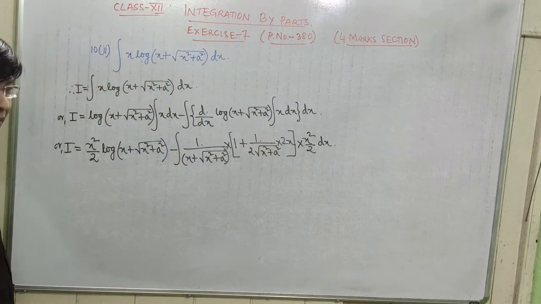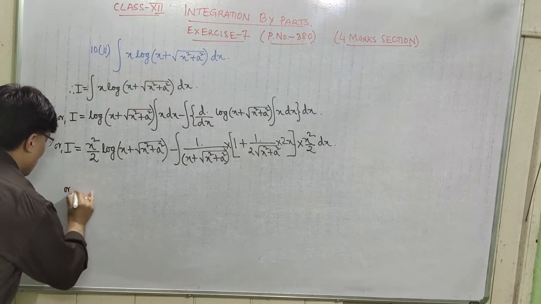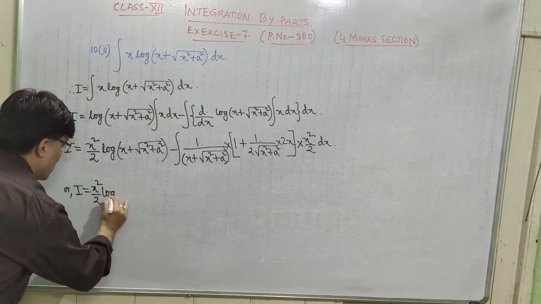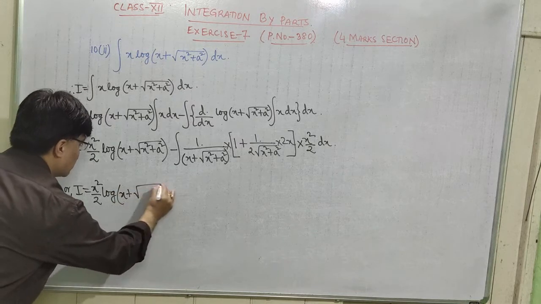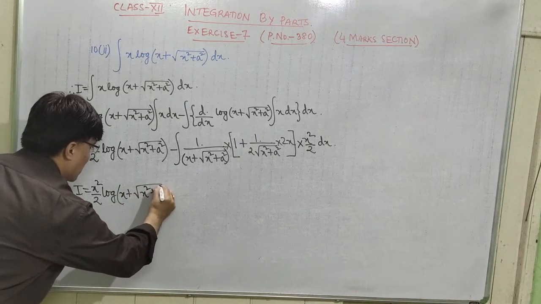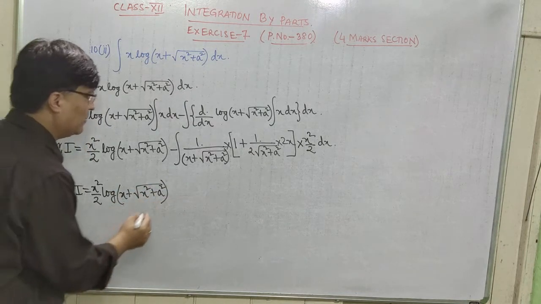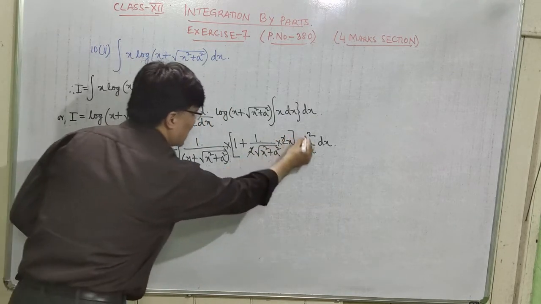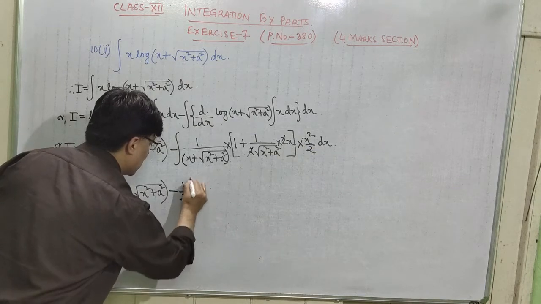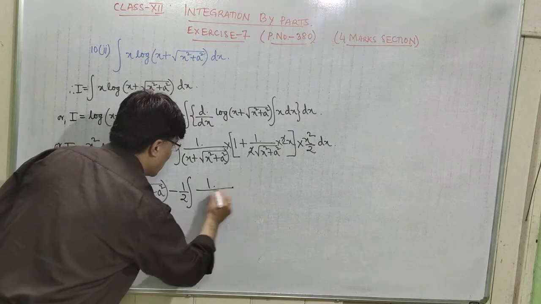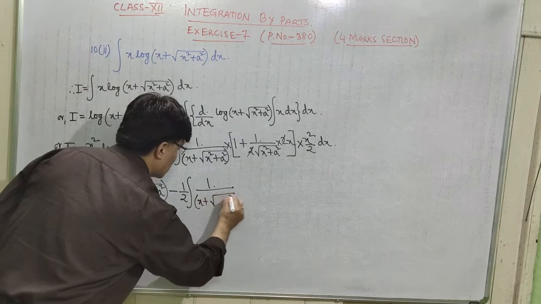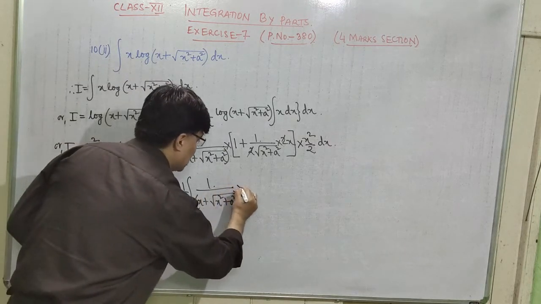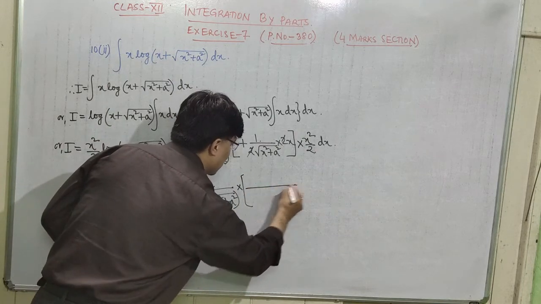Dx. Is that clear? Or I is equal to, this is your x square by 2 log within bracket x plus root over x square plus a square. Okay, so here you can cancel, this 2 will be cancelled, minus this half is constant taken outside, integration of 1 upon, this is x plus root over x square plus a square into, within third bracket, what's the LCM?